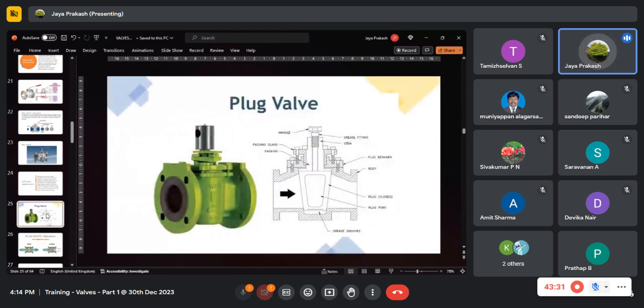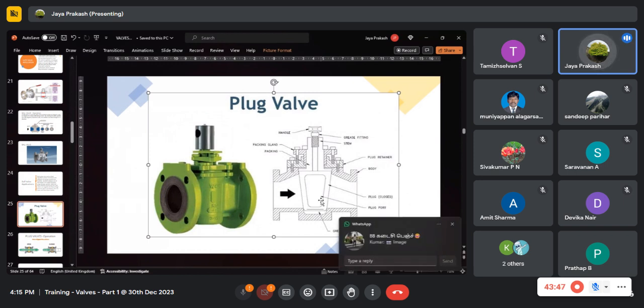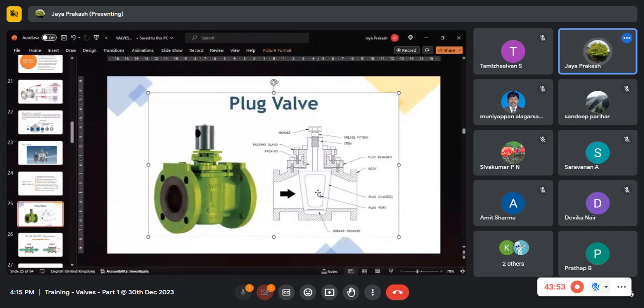Next is the plug valve. Plug valve is similar to a ball valve. It's also a rotary type valve. Instead of a ball, we have a plug here, which has an opening. All the rest of the construction is almost similar to a ball valve.